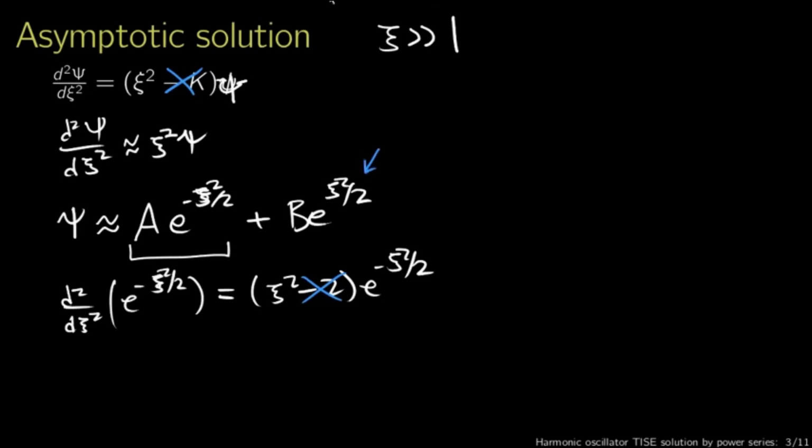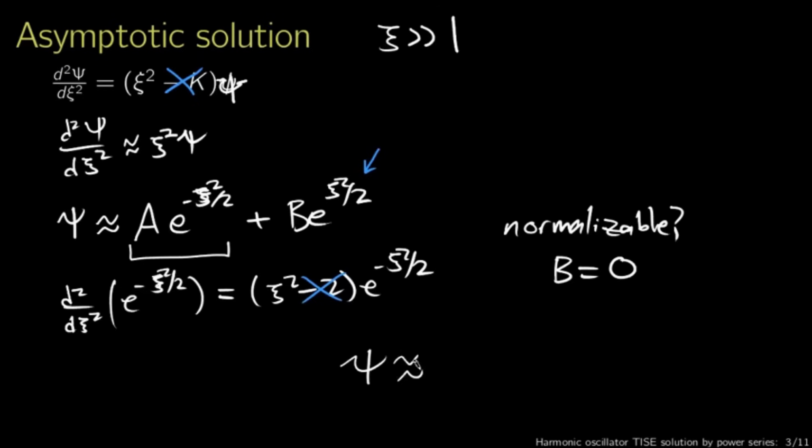So if we want our wave function to be normalizable, then b must equal 0. That's a requirement. What that tells us is that if we have something that's going to be a solution to the time-independent Schrödinger equation, its asymptotic behavior will be given by this. So psi is approximately equal, for large xi, to some constant times e to the minus xi squared over 2. That's an approximate solution.